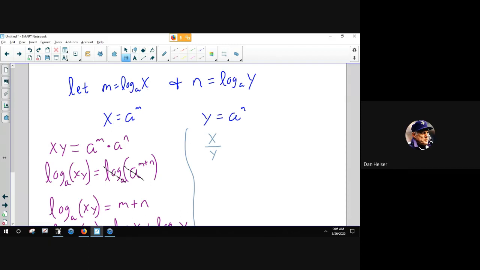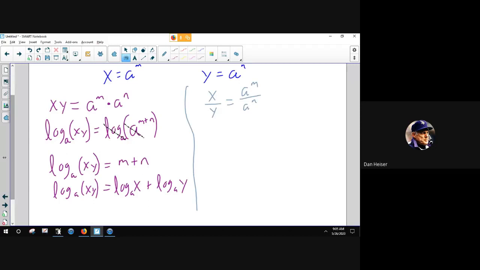And now I'm going to take x divided by y, divide the left-hand sides, which means I'm going to divide the right-hand sides. And I know that's equal to a to the m subtract n.